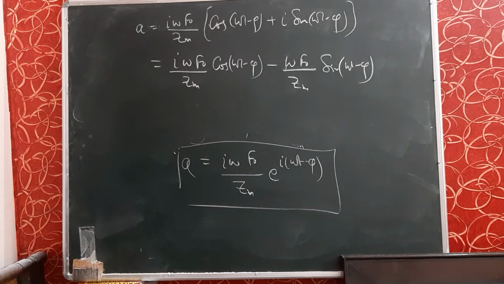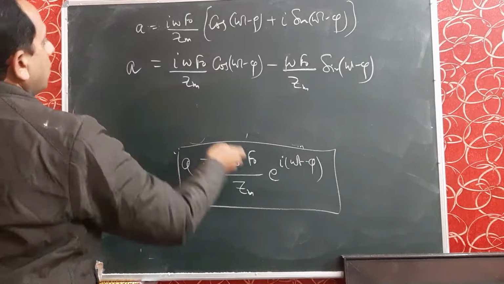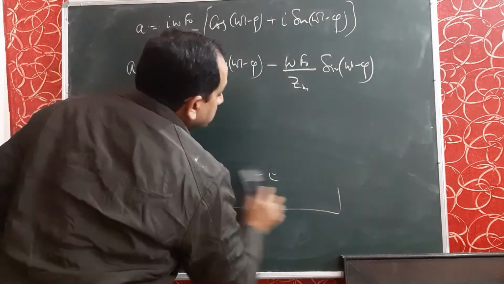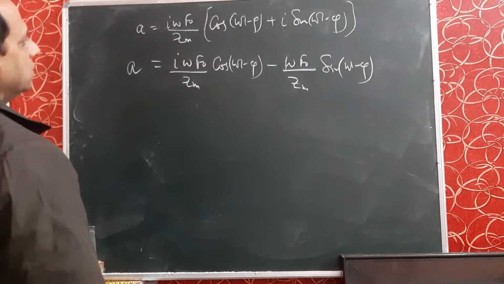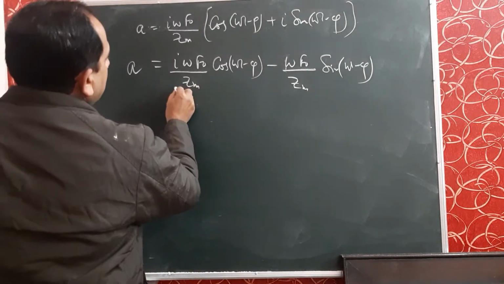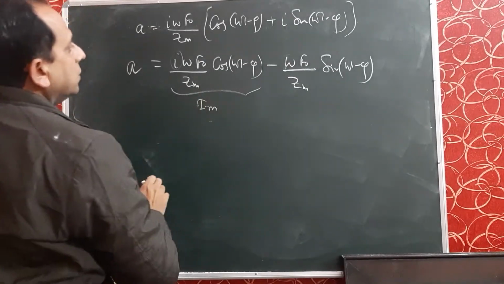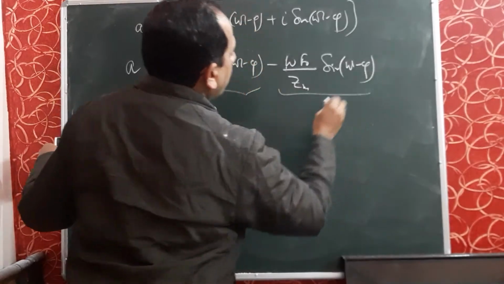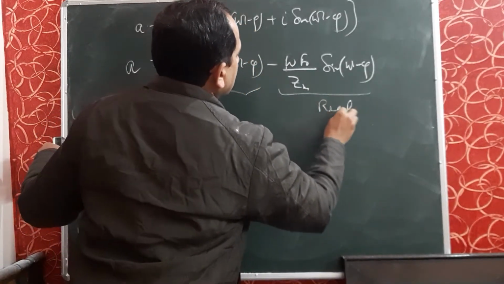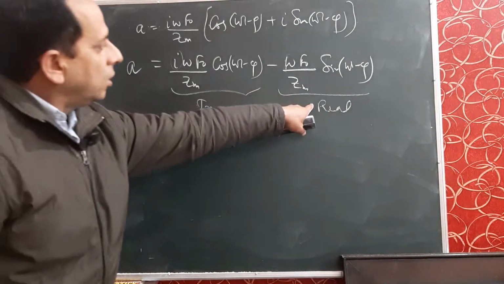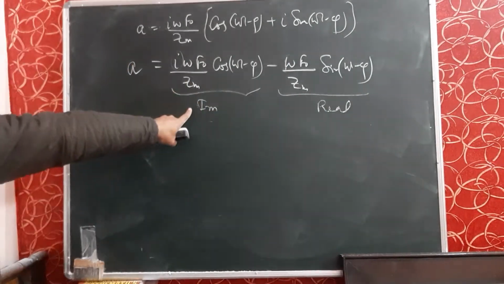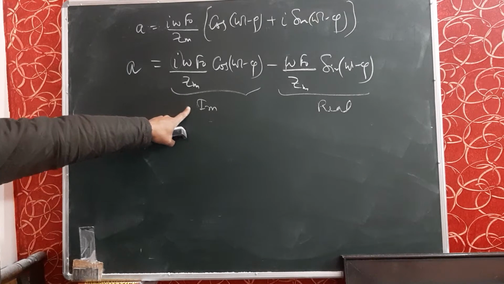So this is the expanded form of acceleration. Now you will see that on the right hand side, in this term iota is involved, so this term is the imaginary term, and in this term there is no iota, so it is a real term. You can say that this is the real component of acceleration and this is the imaginary component of acceleration.